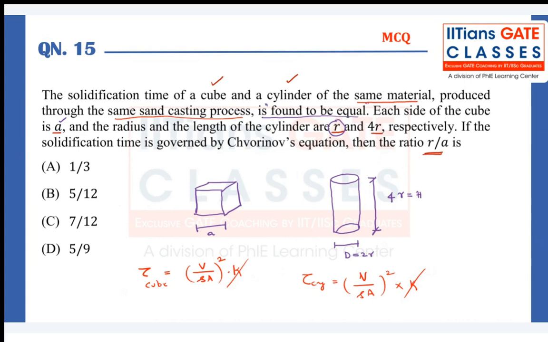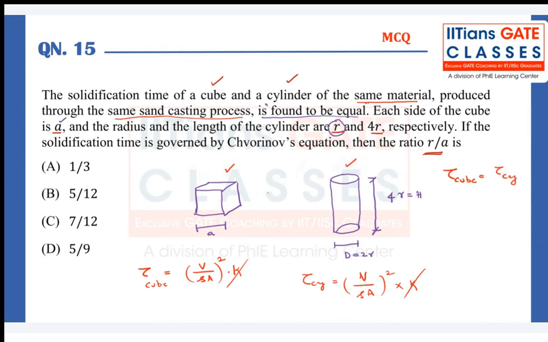Now the solidification time of the cube is equal to the solidification time of the cylinder. So first we will find the solidification time of the cube individually and the solidification time of the cylinder individually.